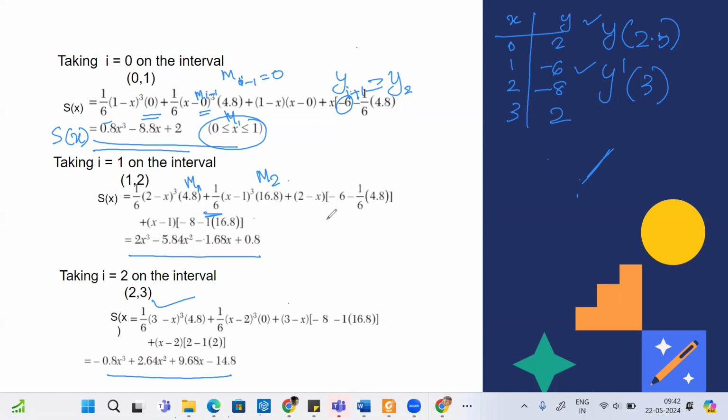Plus 2 minus 6 into minus 6 minus 1 by 6 into 4.8, plus x minus 1 into minus 8 minus 1 by 6 into 16.8. So we get the polynomial as 2x cube minus 5.84 x square minus 1.68 x plus 0.8. This is the second cubic spline polynomial in the interval 1, 2.